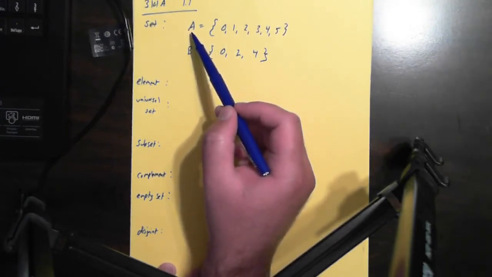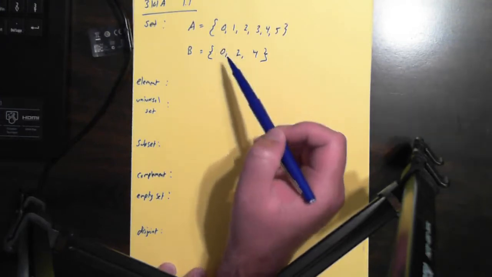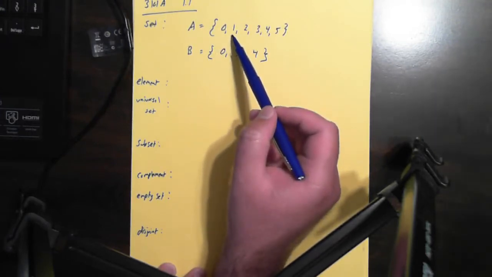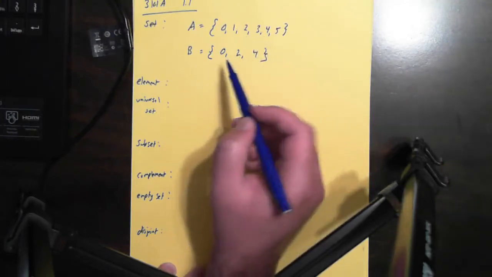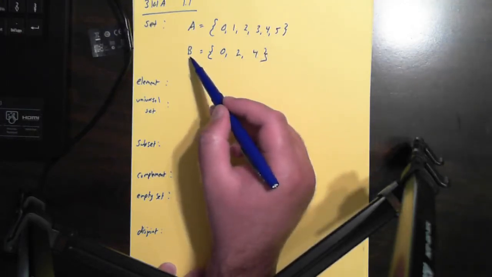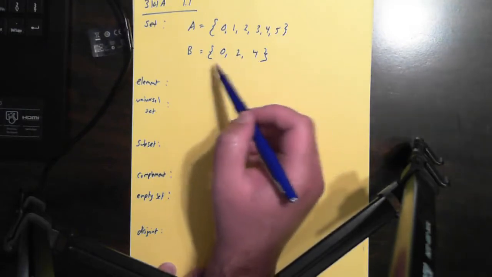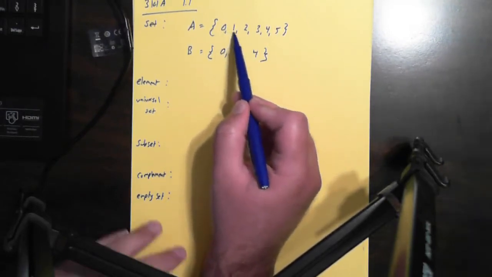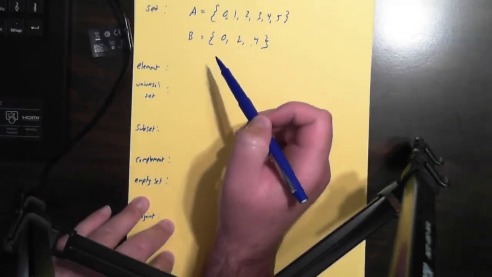So if I look at set A here, then 0 is an element of A, 1 is an element of A, 2 is an element of A, etc. 0 is an element of B, 2 is an element of B, and 4 is an element of B. So each of these in here are called elements of the set. Okay?